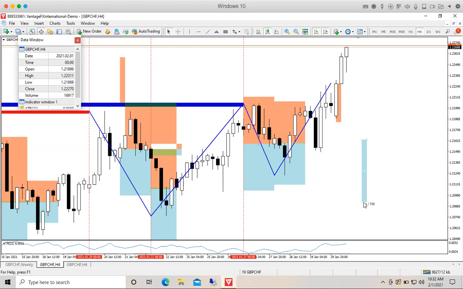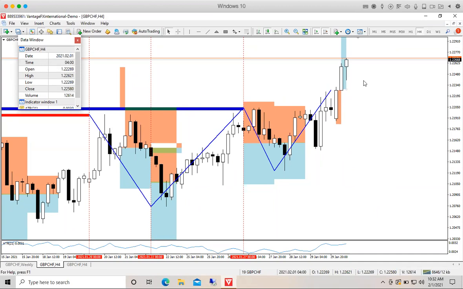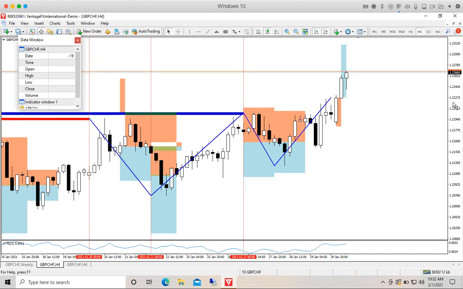I'm sure you guys trading the H4 impulse would have spotted this. So plus the spread, of course. Don't forget that. Right, so there you go. Bob's your uncle. You guys should be into your H4 impulse here. Not too shabby.